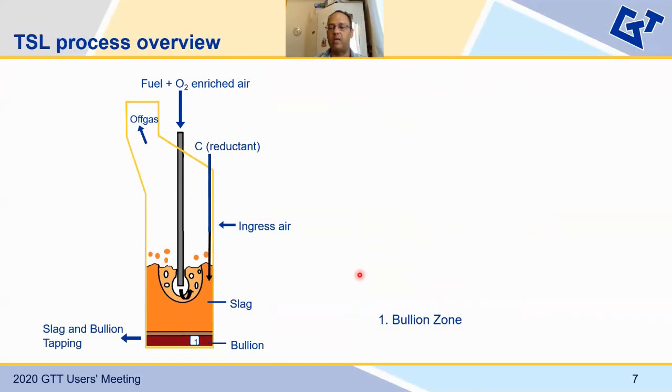The first one is the bullion zone, where the metallic lead will accumulate. The second one is the so-called slag-matte-bullion interface zone, where the matte phase may form. The third zone is the slag zone, which, when you consider the whole bath, is normally the largest part of the bath.